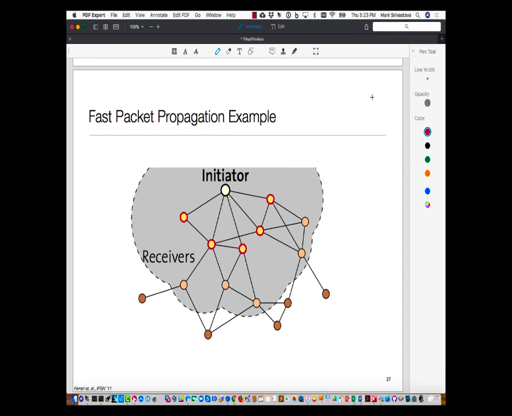Normally, if they transmit together, we assume that the packets will collide. But under one condition, that is not true.